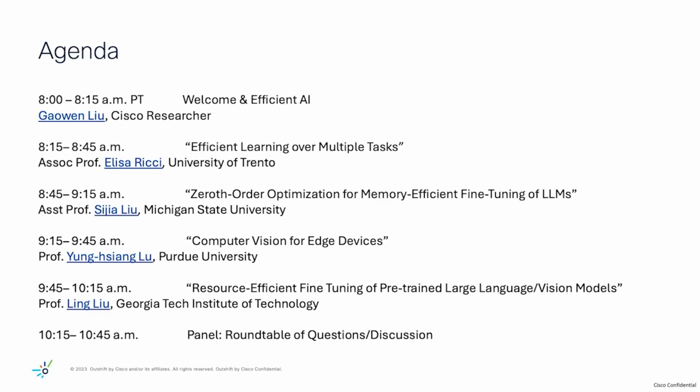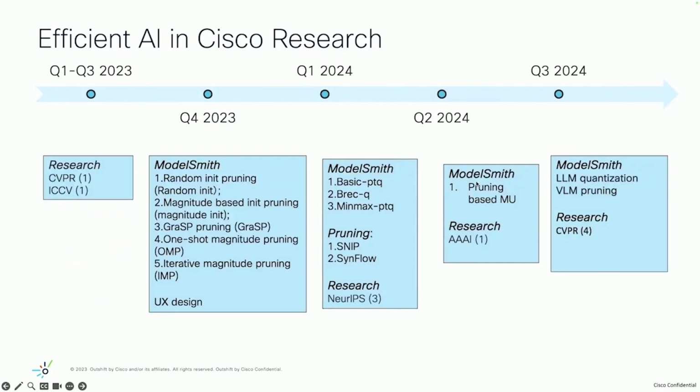Some introductions about the background of efficient AI research in our team. Our team has been working on efficient AI for a couple of years and published multiple top conference papers in this space. In parallel with research, we are trying to contribute to the open source community.